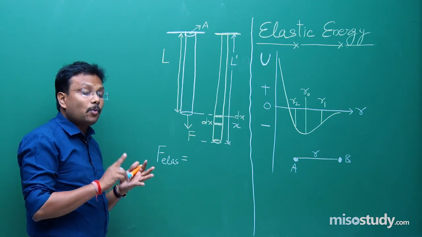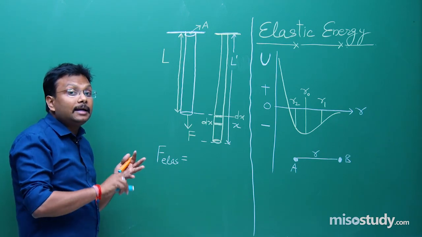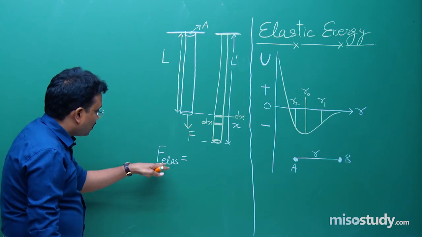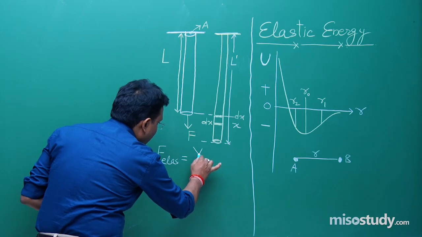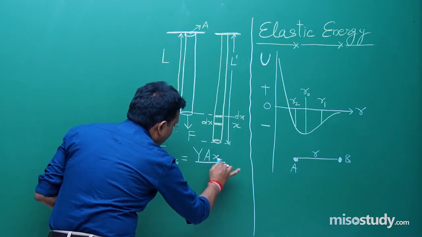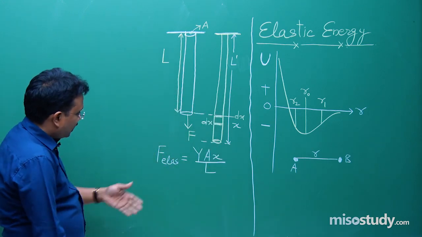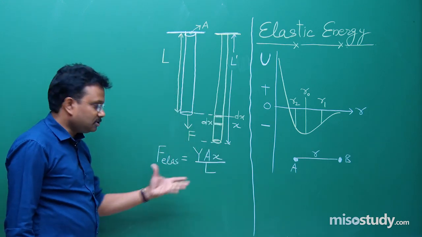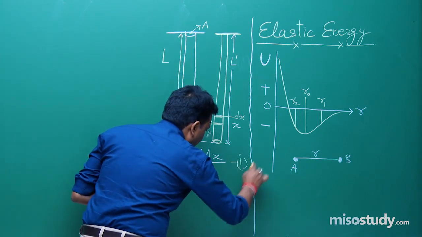Young's modulus Y is equal to F upon A, whole upon delta L by L. So for this F elastic, finally I can write it as Y A x upon L. I hope you will not find any difficulty in understanding this general relation. Let us say it is equation number 1.